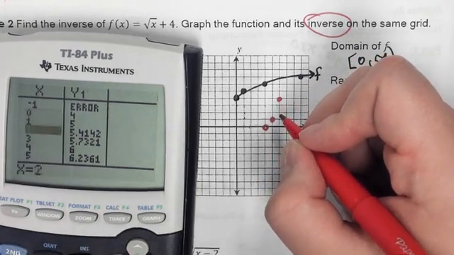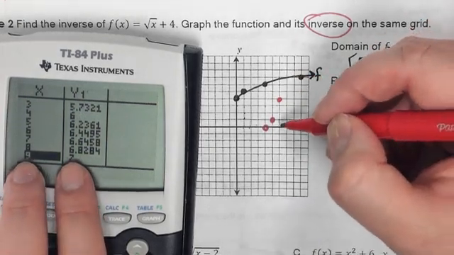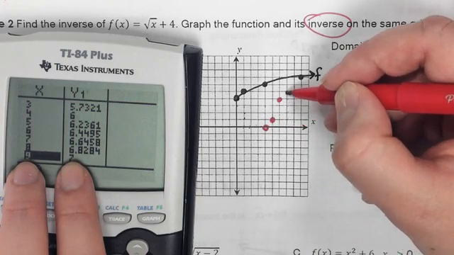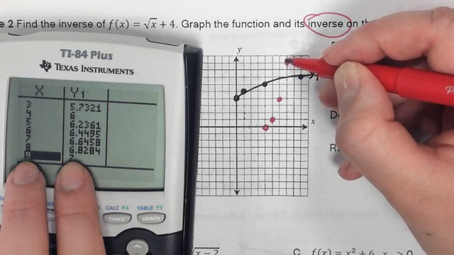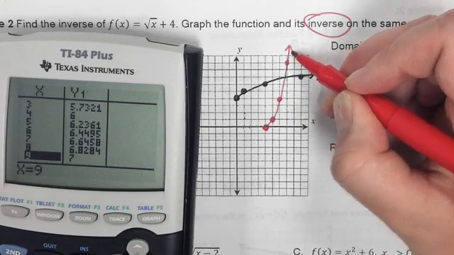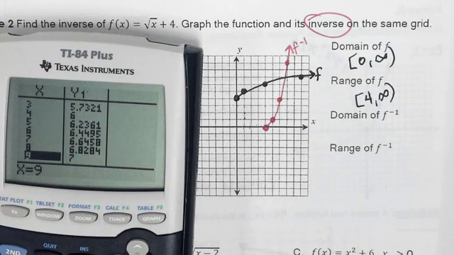And I believe it was 9, 7, right? Yeah. So 7, 9. And there's my inverse. Okay? Everyone good with where we got that? Just switch x and y.